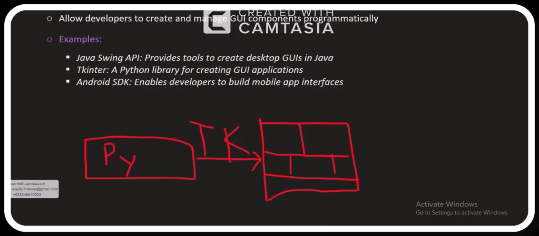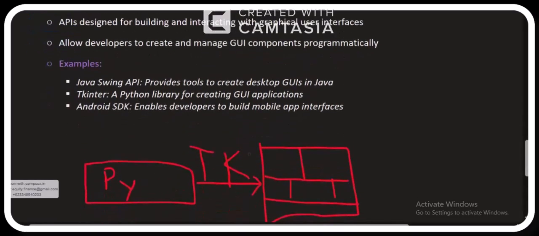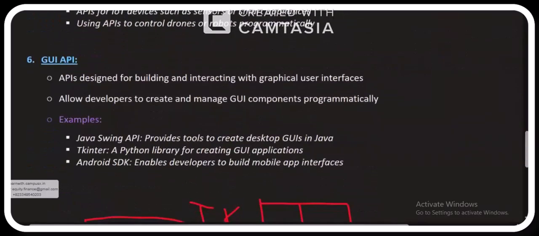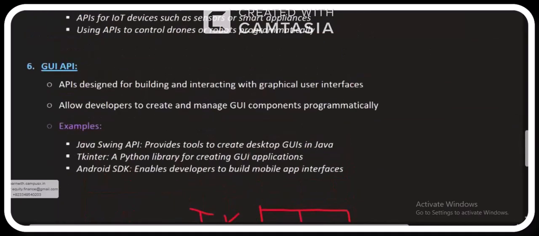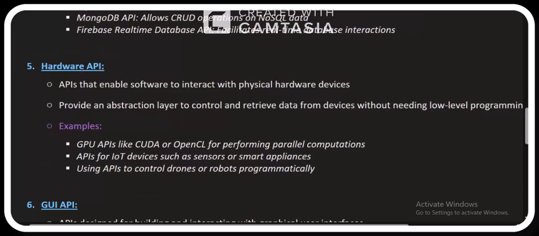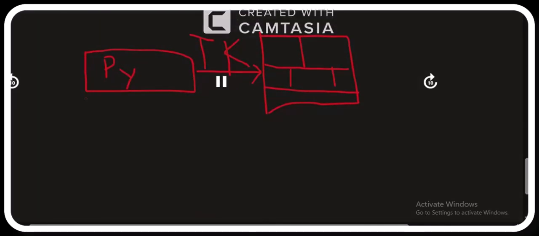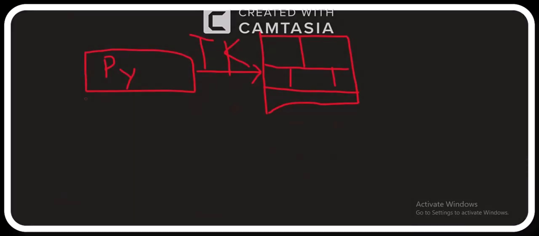So guys, this was an example of your GUI API. For that same matter, you can connect this example, this diagram over here also. When we spoke about hardware APIs, your Python or C++, any programming language, and you want to work with IoT devices, your hardware devices, you need some pathway. That is your API. That is all what we are coming to say here.